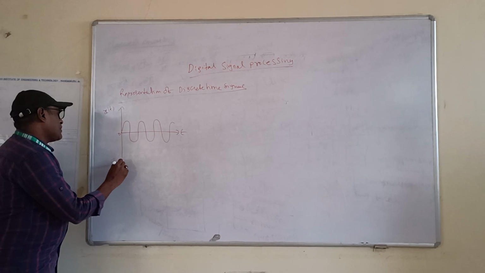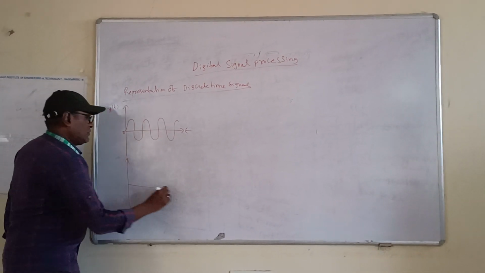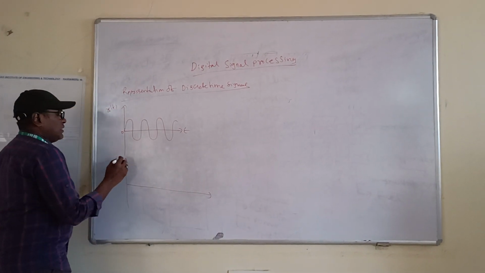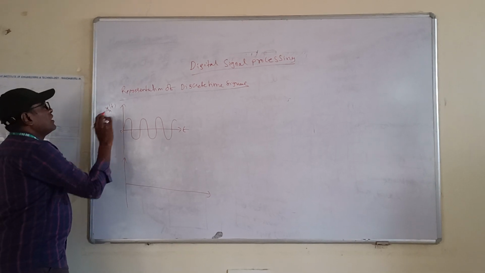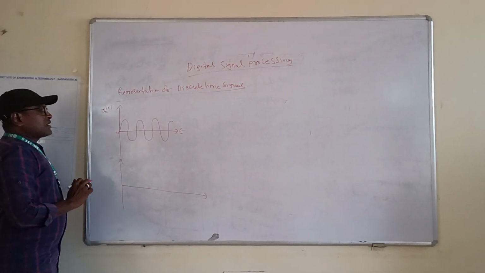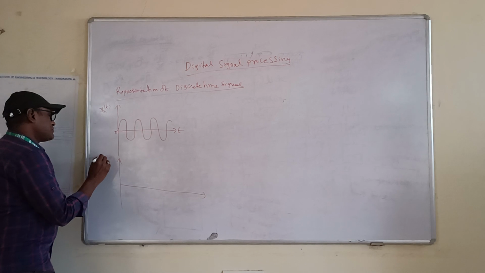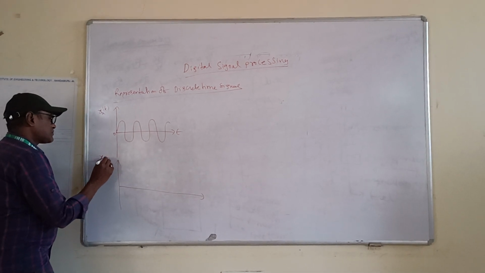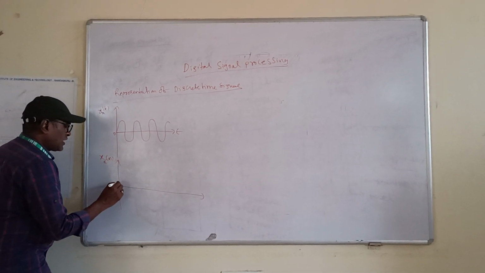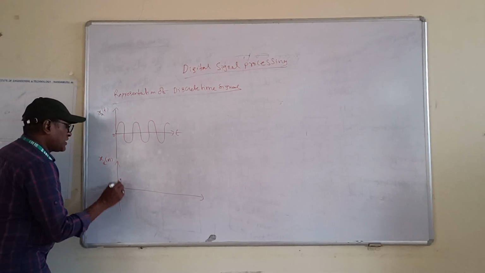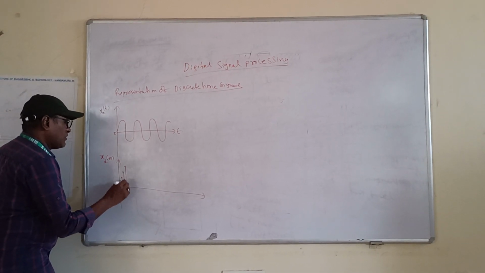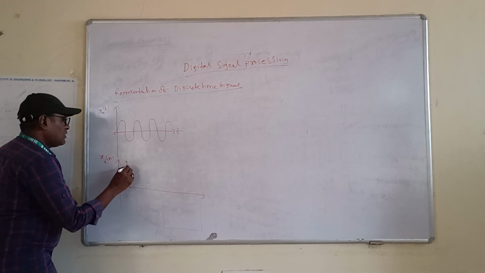We can sample the continuous time signal. We can convert the continuous time signal into the discrete time signal by sampling. We can sample the continuous time signal with a number of intervals, capital N, like this.